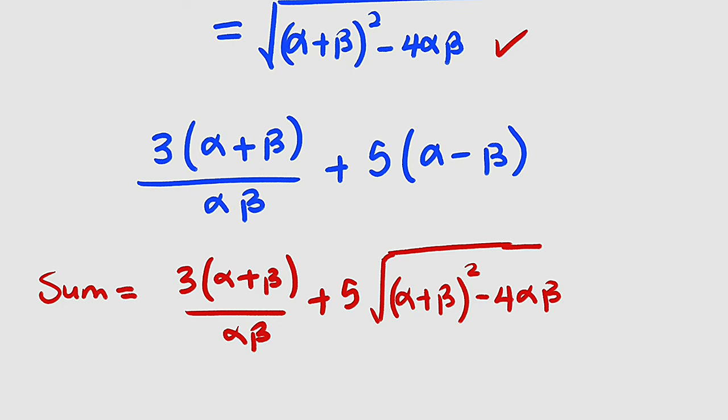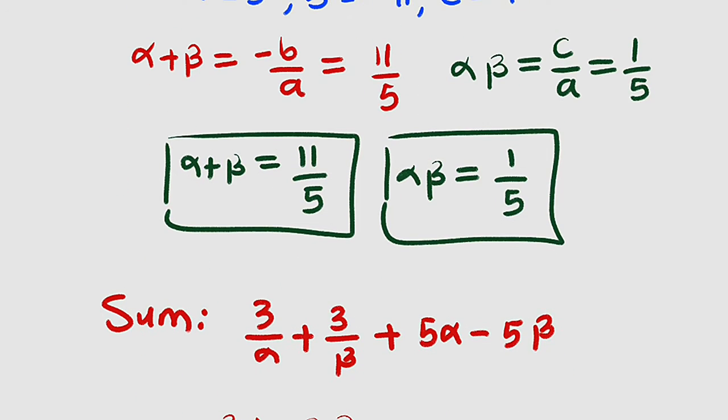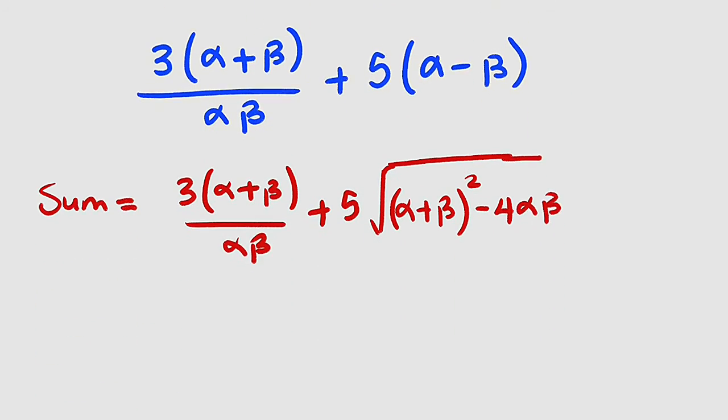All right, from here we can substitute back our sum and the product, which we have earlier. The sum is 11 divided by 5, while the product is 1 divided by 5.